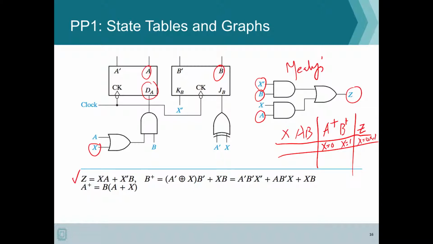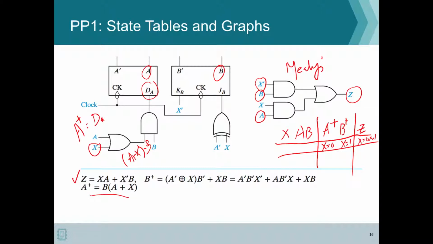For A plus, it is simply given as D of A, and D of A is given by A dot X, and A plus X, dot B would be A plus. So that's what is given here.